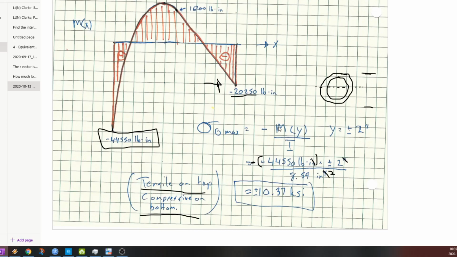But again, we're starting out with a negative, and then when we throw a negative moment into there, then essentially that means that with a positive y, we're in positive tensile, and with a negative y, we are in negative compressive. So yeah, tensile on top, compressive on bottom is what happens when you have a negative bending moment at that point, whereas vice versa when we are talking a positive bending moment. All right, and that's about it.